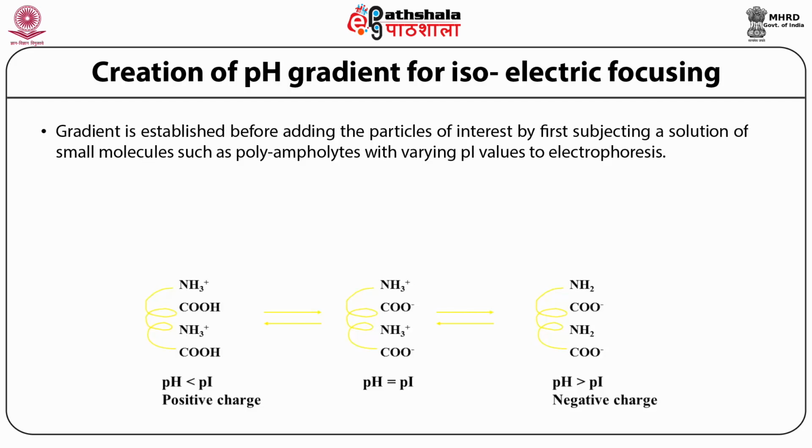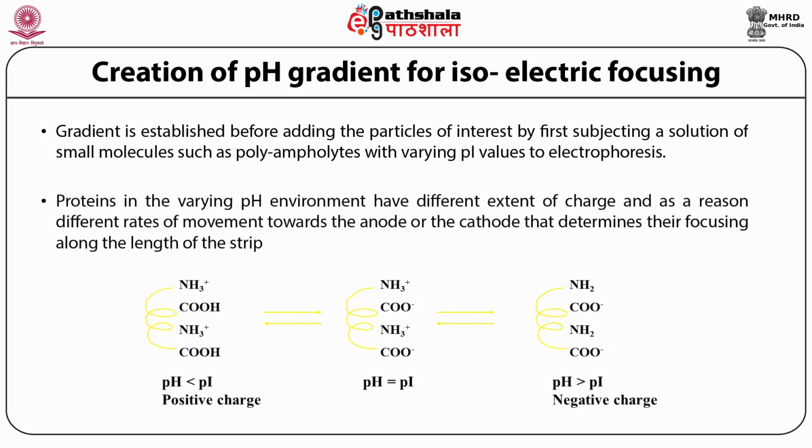When proteins get into this IPG strip during the process of rehydration, the proteins in the varying pH environment will have different extents of charge as explained in the previous slide, and therefore they will have different rates of migration towards the anode or cathode, and that determines their focusing along the strip.